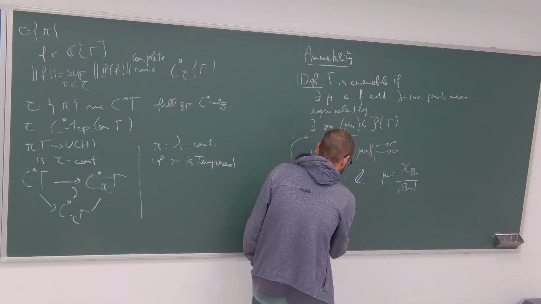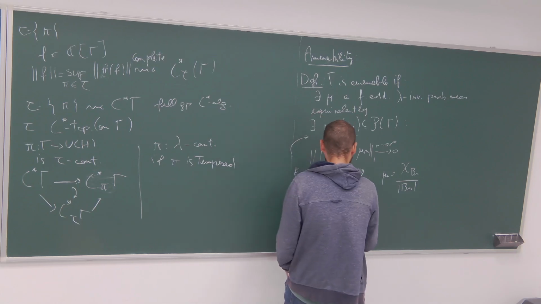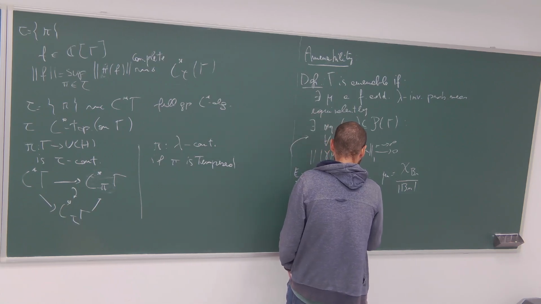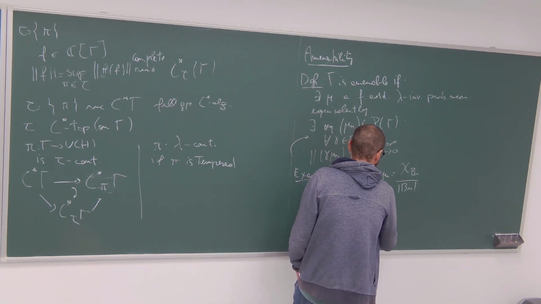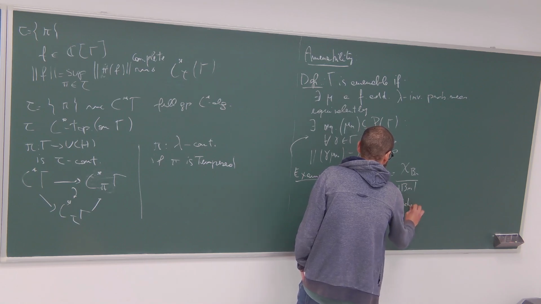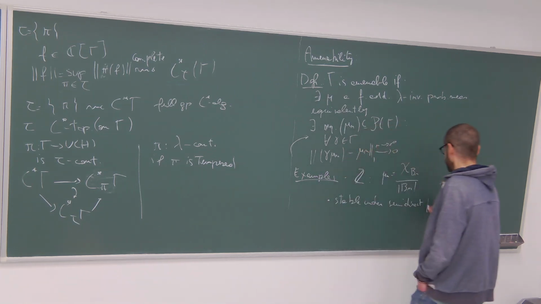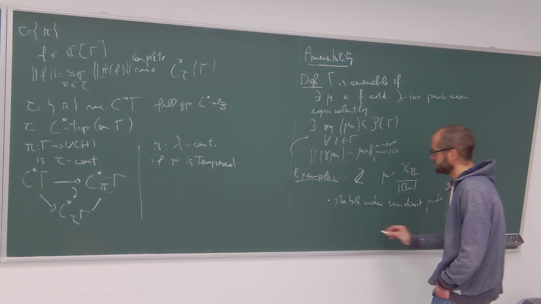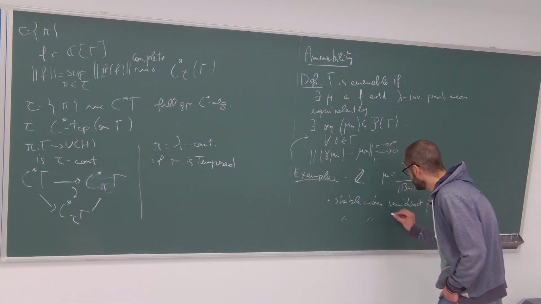And also we can use the result that amenability is stable under semi-direct products and is stable under taking subgroups.